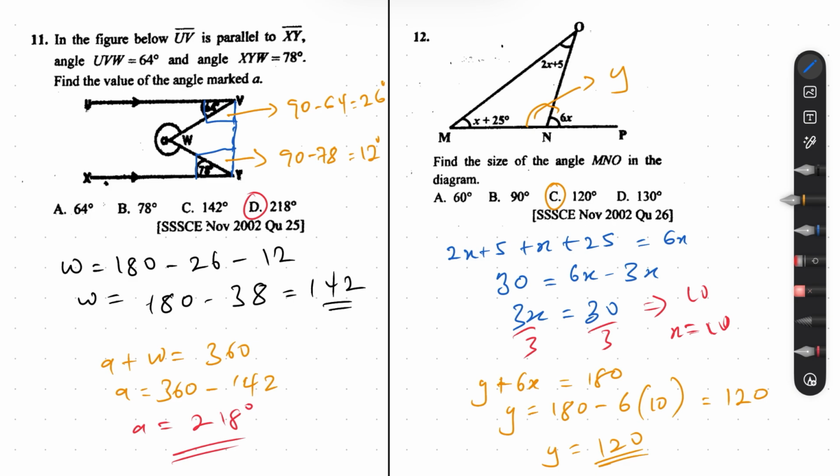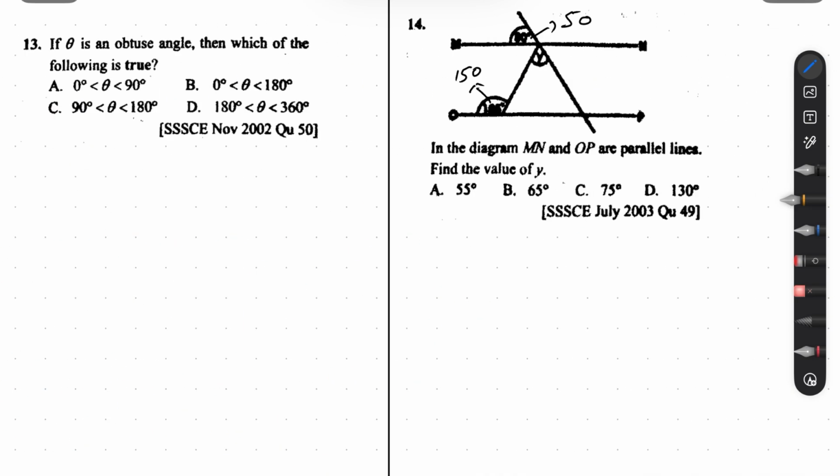Let's move on to the next question. Question number 13: if theta is an obtuse angle, then which of the following is true? First, how do you define an obtuse angle?